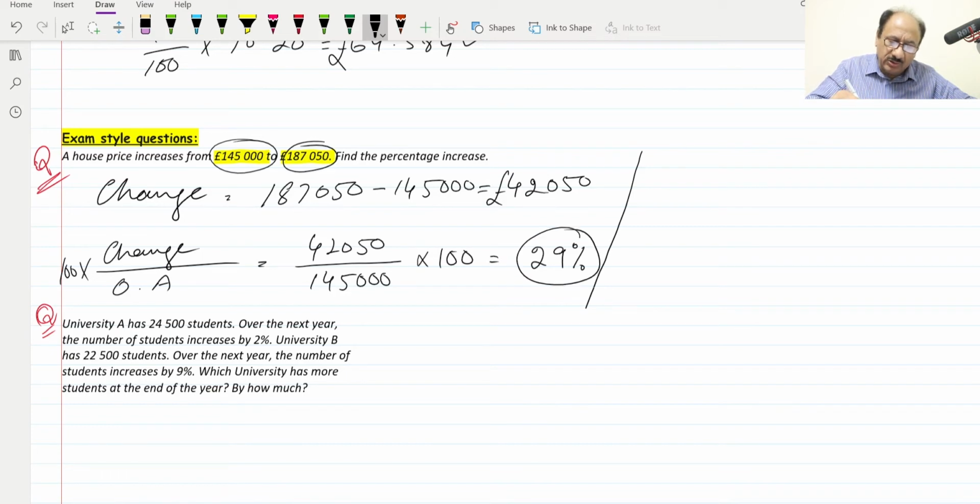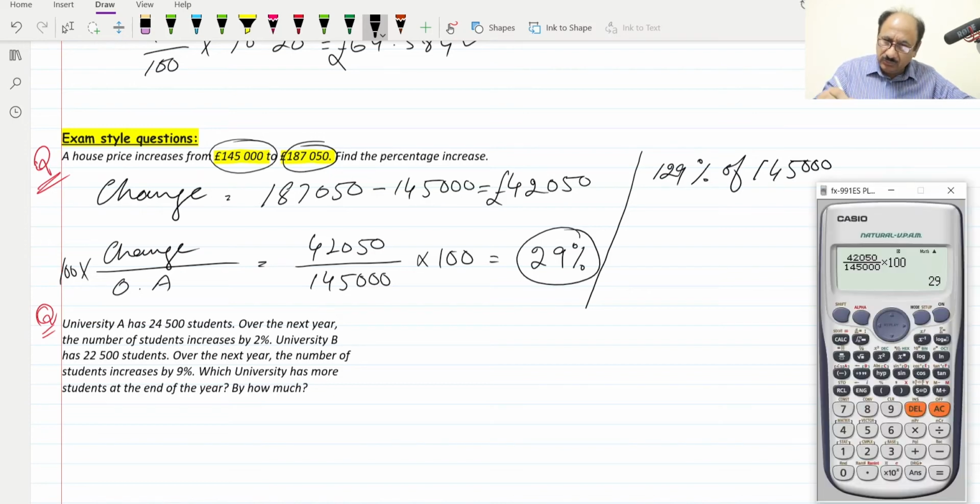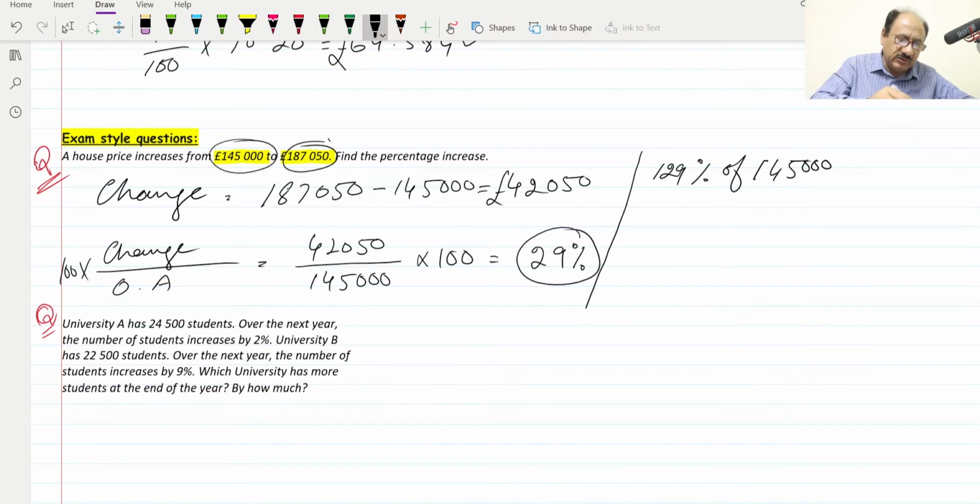If we want to check whether our answer is correct or not, we can directly calculate. Our answer is 29, so we will calculate 129% of the amount, which is 145000. We can use a calculator, 129% of 145000, and you can check, this is 187050, which is this one.